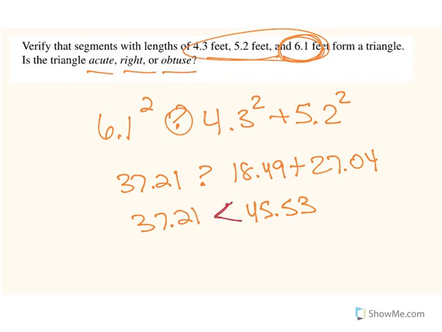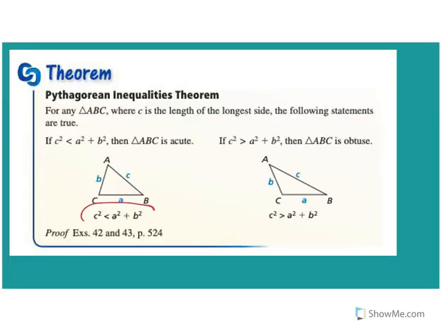And so this side is bigger, right? So that means that c squared is smaller than a squared plus b squared. You don't have to write this step out if you don't want to, unless you need to understand that this was c squared. Okay, so if c squared is smaller, then it's acute.